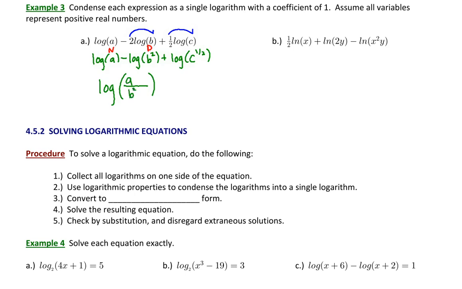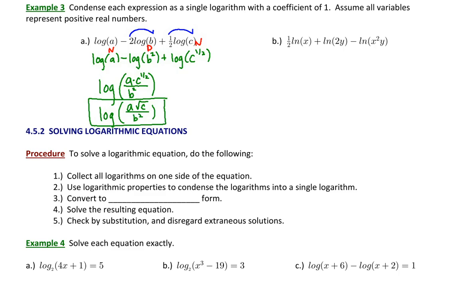But I'm going to go ahead and extend it over here and see, well, c to the 1/2 comes from a positive logarithm, so that factor is also going to end up in the numerator. So we could have a times c to the 1/2. And if you prefer, remember that c to the 1/2 could also be written as square root of c over b squared. So our logarithm has been completely condensed.